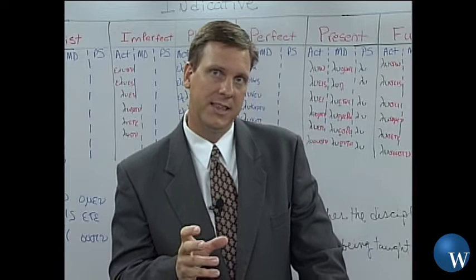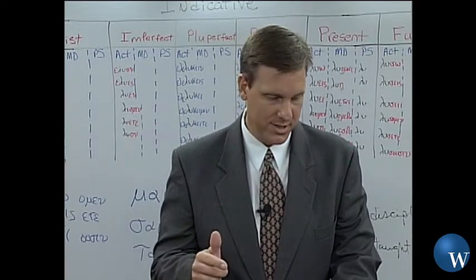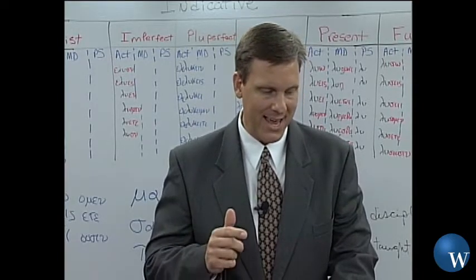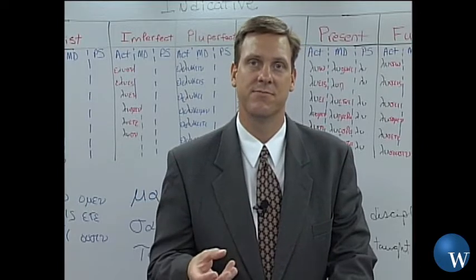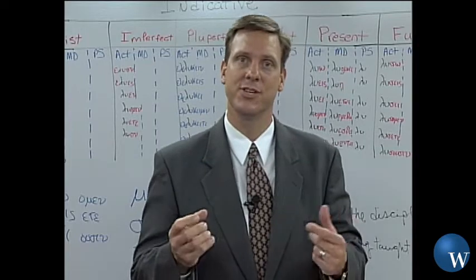The next thing that I want you to be aware of in regard to the middle and passive has to do with agency. And you'll notice in his text he says that a verb in the passive voice will often be followed by the identification of an agent. That is to say, the person or thing producing the action.